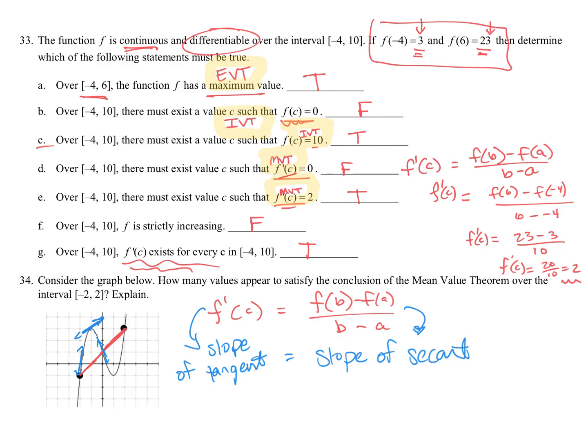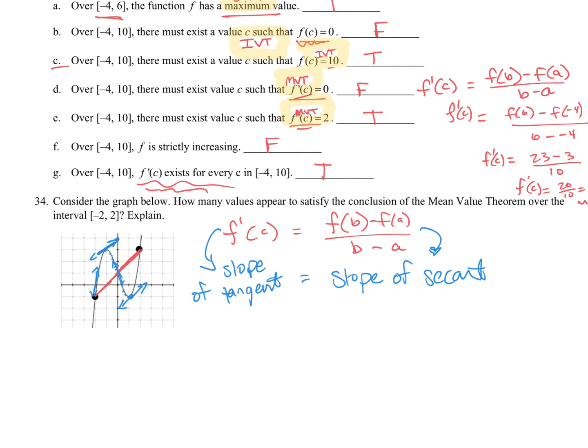And I can think about that tangent line moving, and then about right here, that tangent line would have the same slope as the secant line again. So based on this graph, it looks like there's two places where the slope of the tangent is equal to the slope of the secant. So how many times is the mean value theorem satisfied? A 1, a 2. So there's two locations where the derivative is equal to the average rate of change.